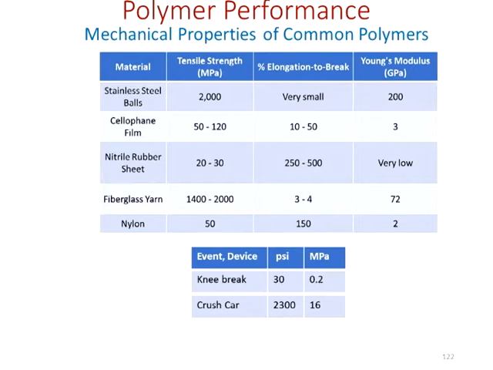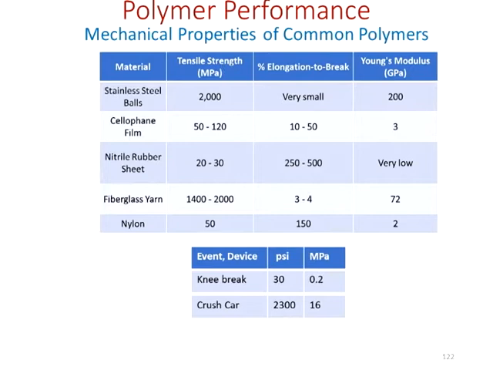Then you look at the Young's modulus here. For nitrile rubber it is very low. Cellophane's 3. Then you have a high Young's modulus, as you might guess, for stainless steel. When you think of the Young's modulus, it's basically the ratio, the rate of change of the stress to the strain.